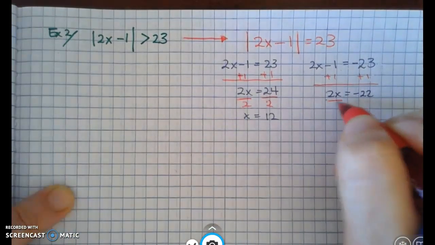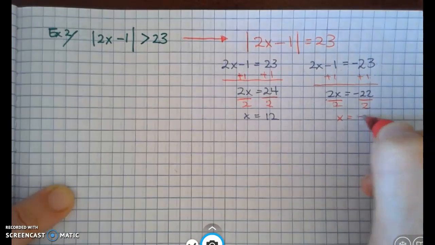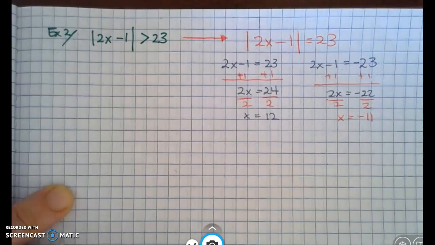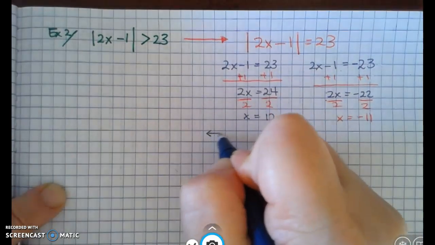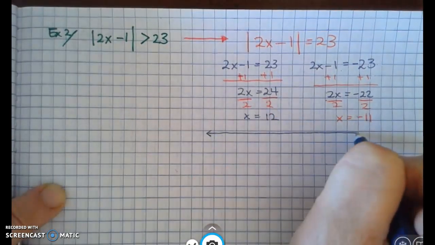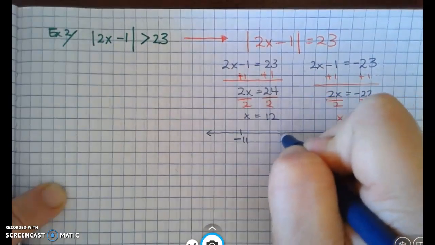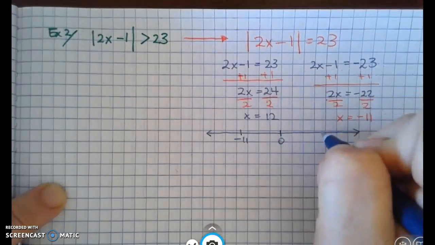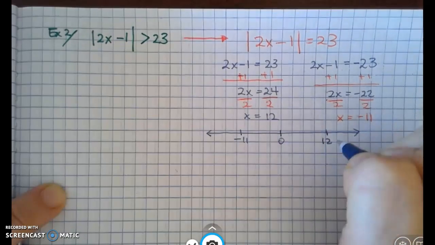Then divide both sides by 2, and you get x is equal to negative 11. So you have two solutions. That means I have to put it on my number line. And so you have negative 11 here, and 0 will be somewhere here. And then positive 12 will be approximately the same distance, but maybe a little bit further.